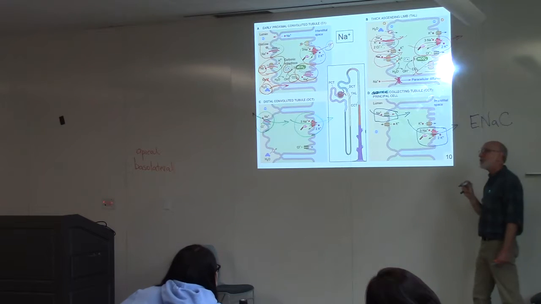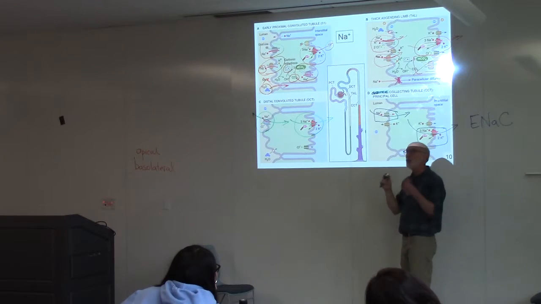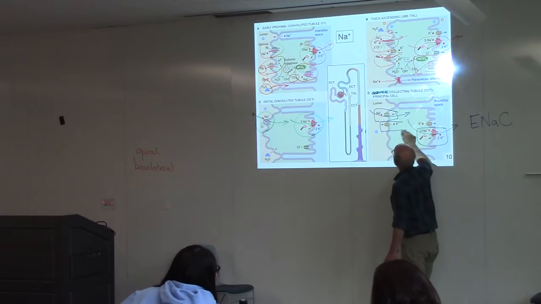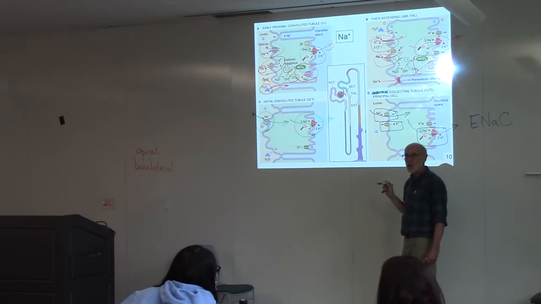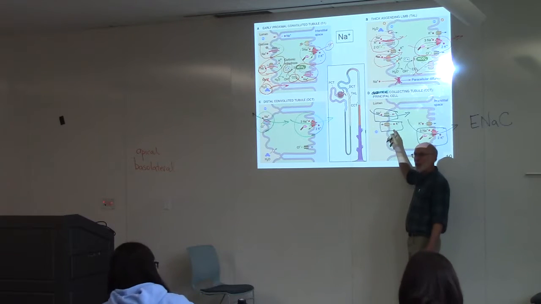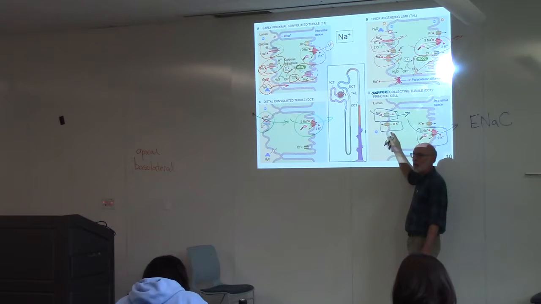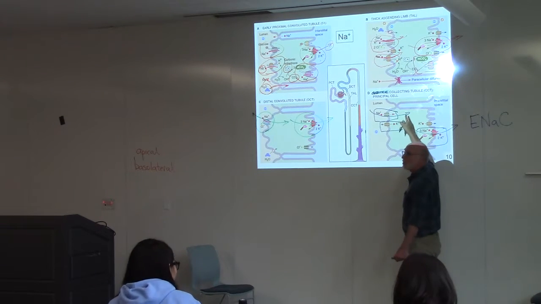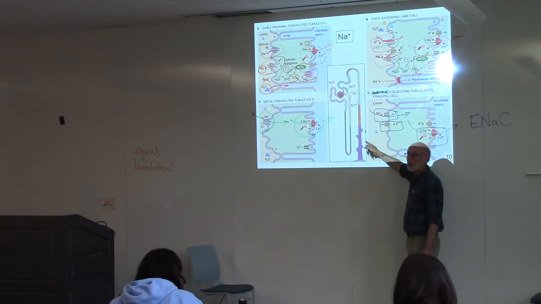Now there's this interesting thing here that you will use in your problem set. In the collecting tubule, there is this other thing called the potassium channel. And so this is acting like an exchanger. Every time sodium moves in, potassium moves out.